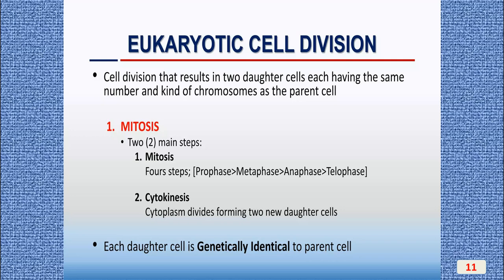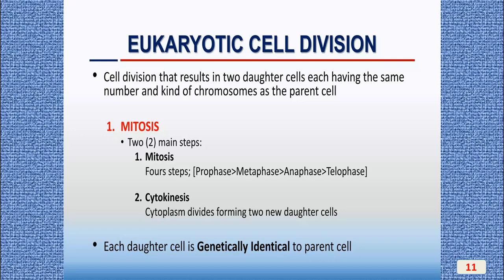Mitosis also consists of cytokinesis. Cytokinesis means the cytoplasm divides, forming two new daughter cells, and each daughter cell is genetically identical to the parent cell.